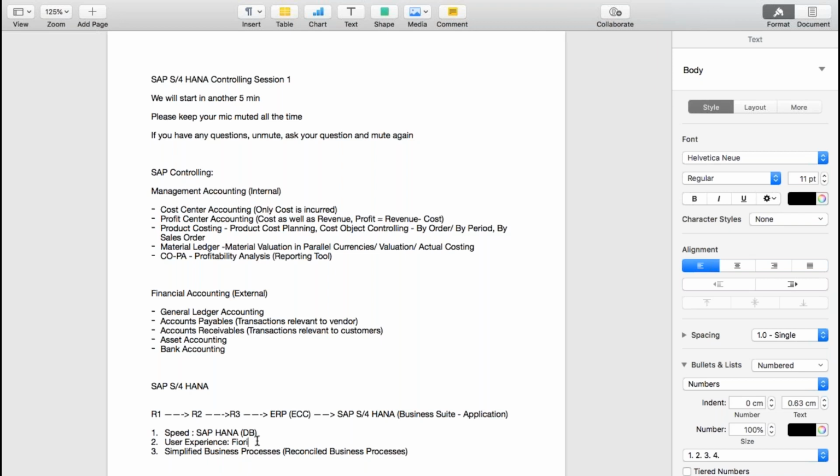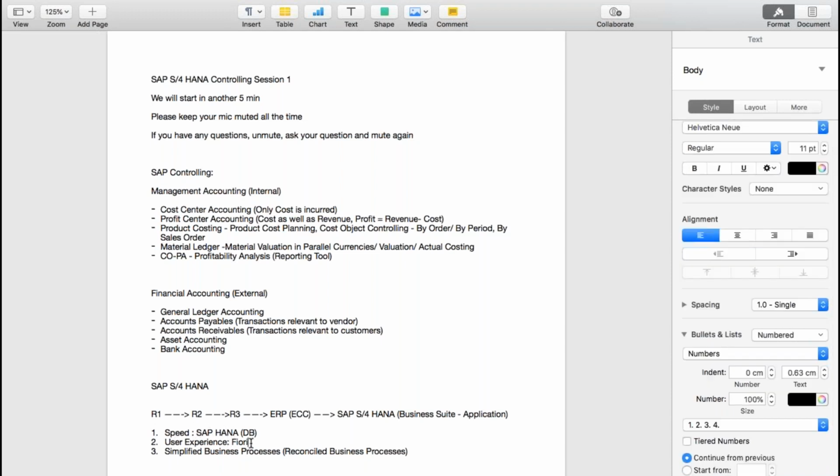Even if you want to access the application using your mobile device, you can download the Fiori app and do your transactions from your mobile device also. So with HANA you are getting speed, with Fiori you are getting better user experience.